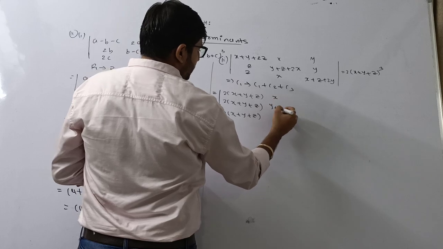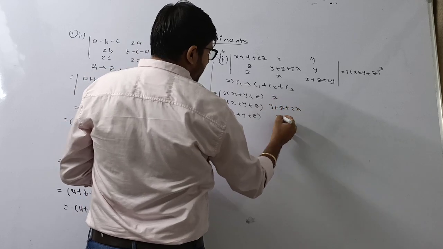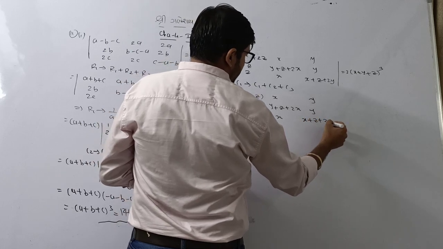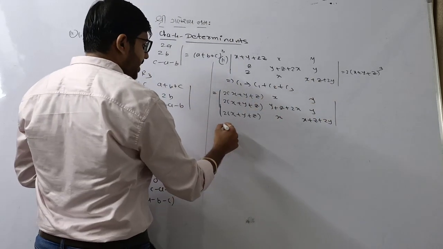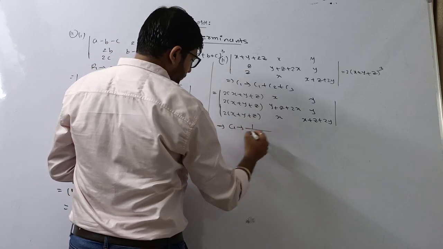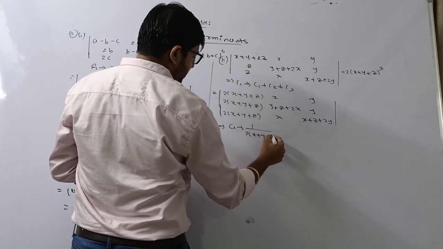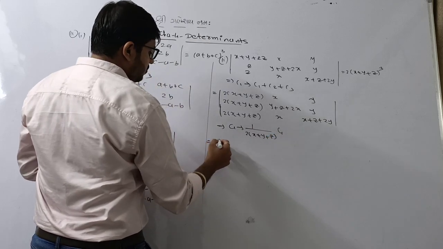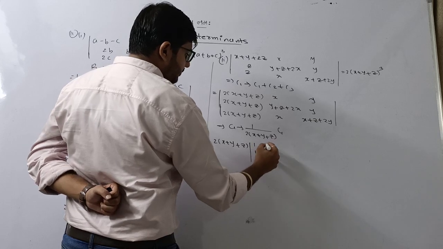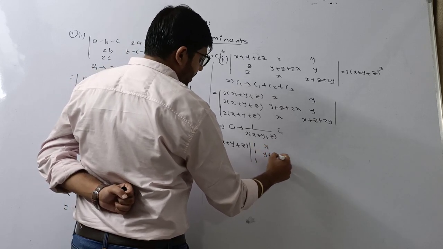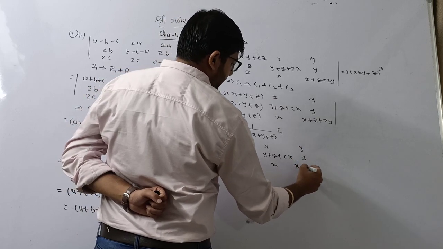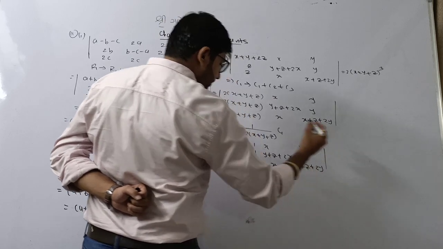Now we can take out 2 times x plus y plus z from C1. So we have to multiply as well. So we get 1, x, x; 1, y plus z plus 2x, x; 1, y, x plus z plus 2y.